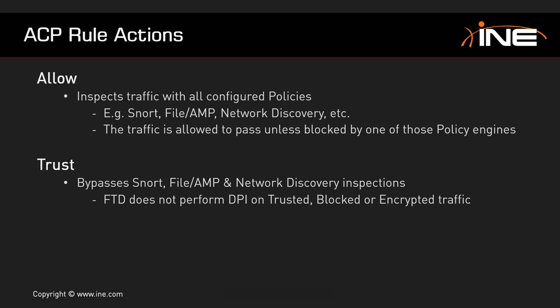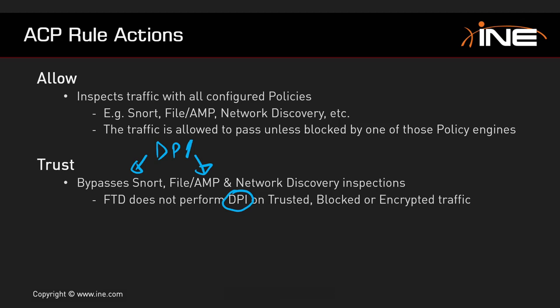So this is generally used to bypass deep packet inspection, where deep packet inspection refers to IPS and file/advanced malware protection policies, collectively known as file policies. So IPS plus file policies, this is what we call DPI.